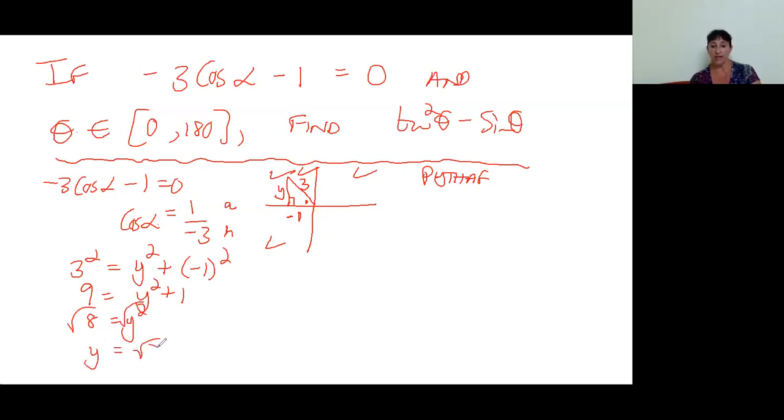So that's root 8. And remember, it is plus or minus. I need to decide if it's plus or minus. It's definitely parallel to the positive y, so it is positive root 8. Your aim is to always have all three sides. Once you have all three sides, you can then go and find what they are asking you to find.